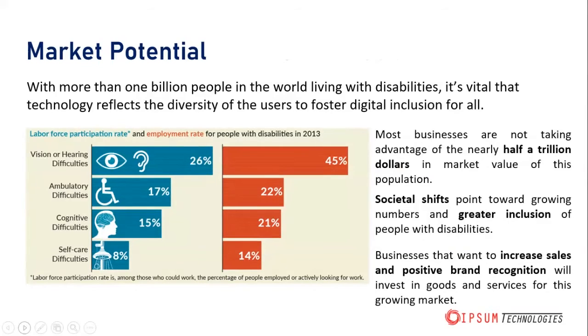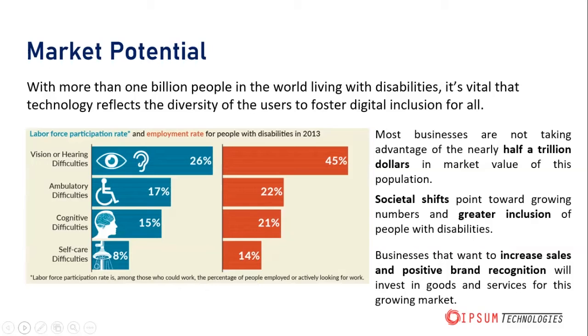So in terms of the market potential, with more than 1 billion people living in the world with a disability, it's therefore essential that whatever technology is developed actually fosters digital inclusion. And so what we have to look at is how we can cater to the various types of disabilities.